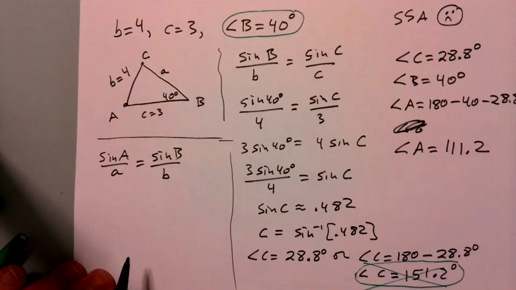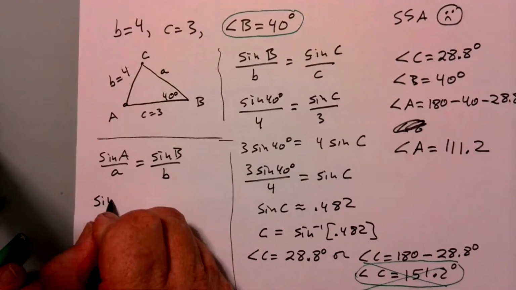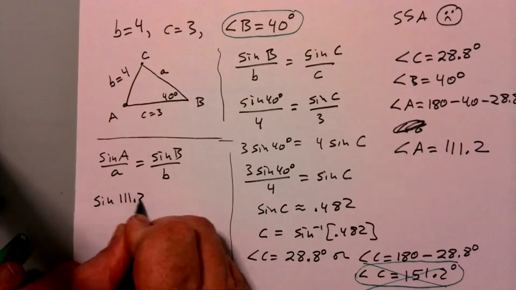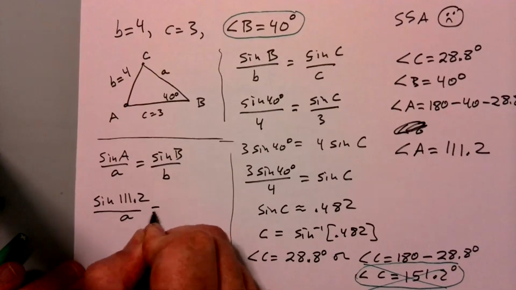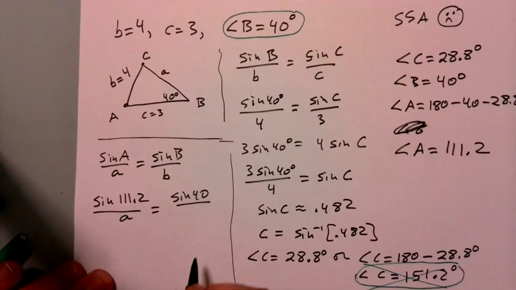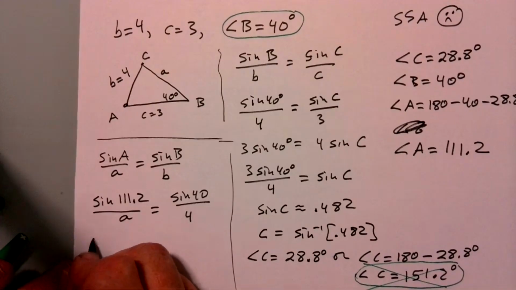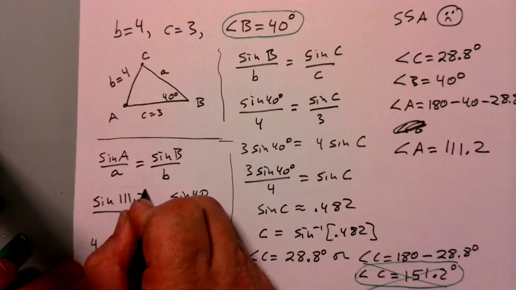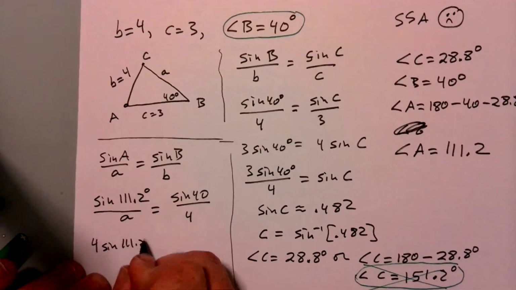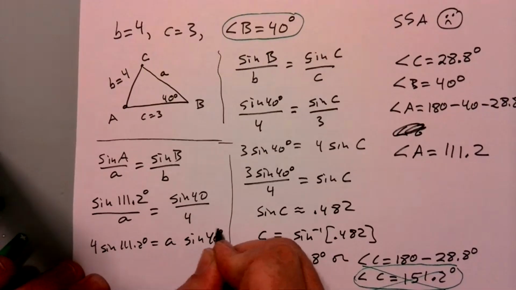Sine 111.2 is sine B, sine 40, over little b. Little b is 4. So 4 times sine 111.2 degrees is a times sine of 40 degrees.